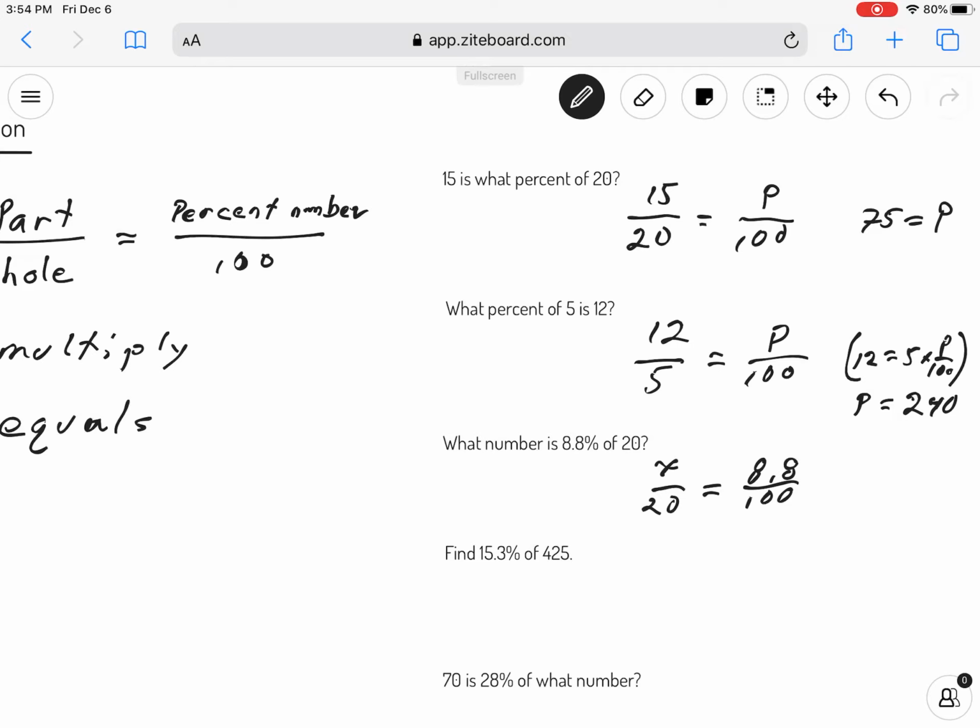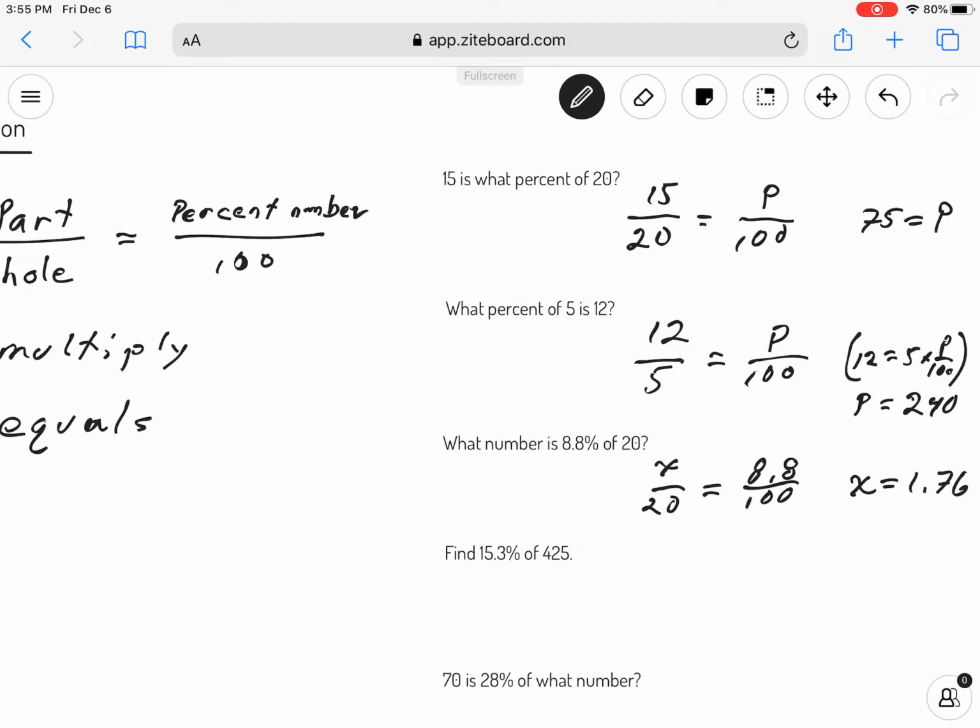Okay, and again, if we do the math, we multiply 20 times 8.8 and divide by 100, and that gives us my part is 1.76.